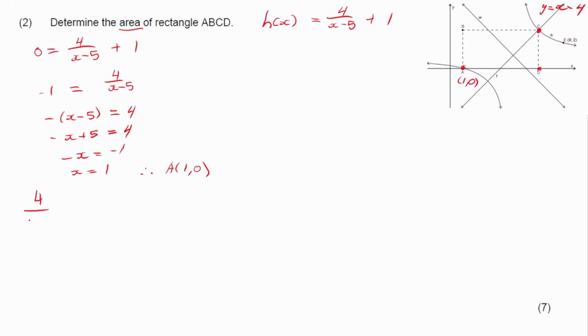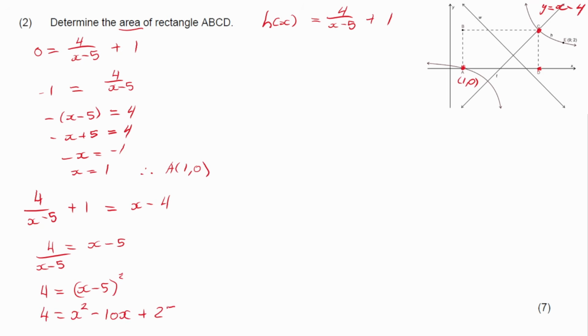So 4 over x minus 5 plus 1 is equal to x minus 4. So 4 is equal to x minus 5. Whoops, I was meant to have this down here. So when I do that, I get 4 is equal to x minus 5 squared. So 4 is equal to x squared minus 10x plus 25.